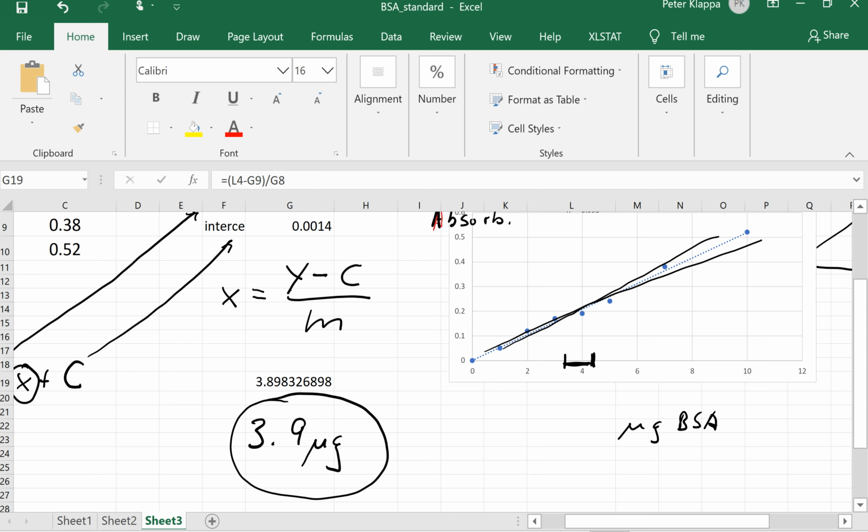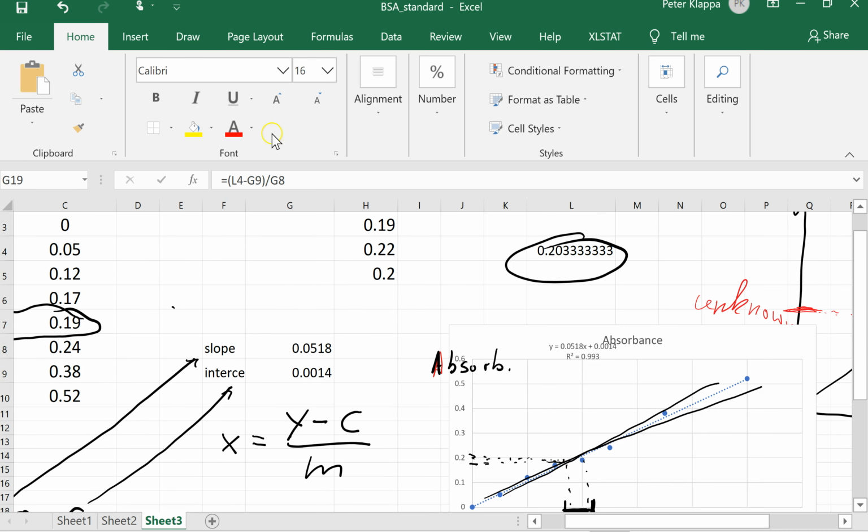So our reading of 0.2 here, and we have several readings here, would give us this range here for our true population mean of our reading.